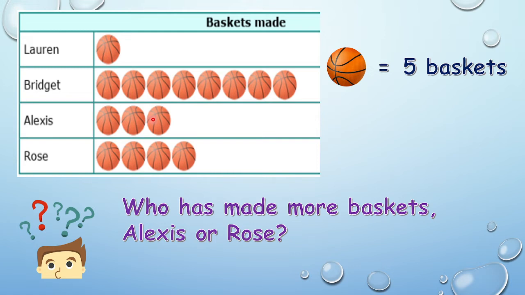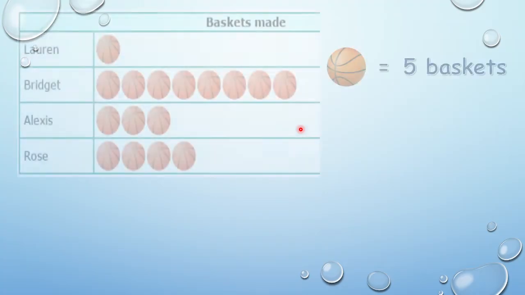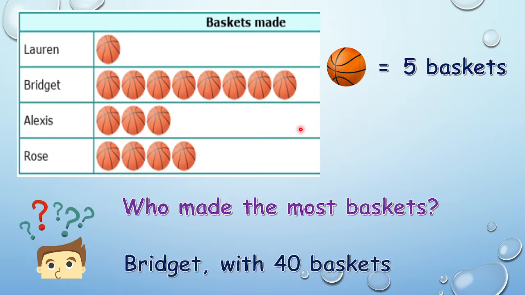Rose. Alexis got 3, Rose got 4. So 15 and 20. Rose got more with 20 baskets. Next, who made the most baskets? Bridget with 40 baskets. Correct.